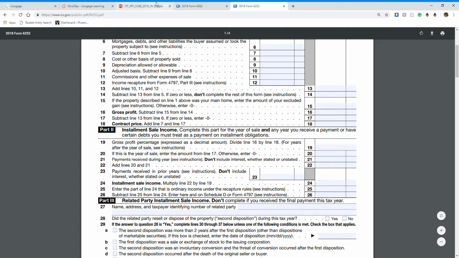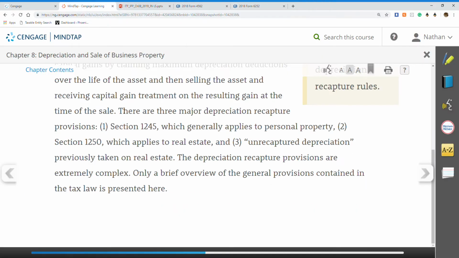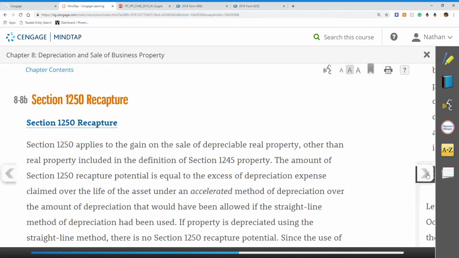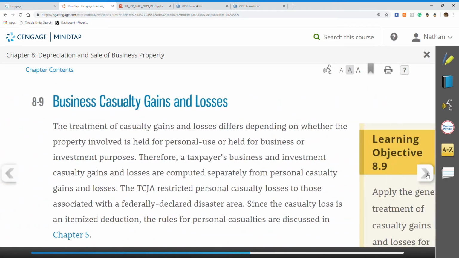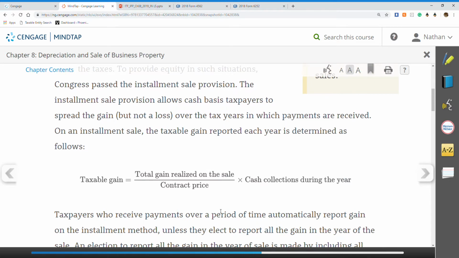So when it looks at the contract price, this is just funny. I hate when they drop something like that and don't put the actual thing in again. There you go.